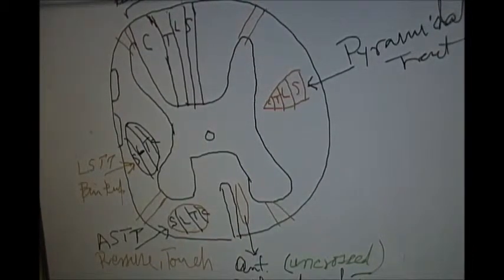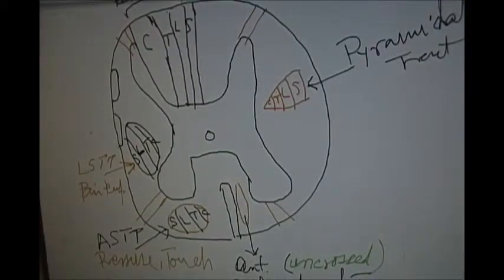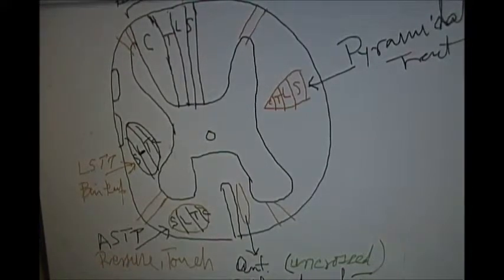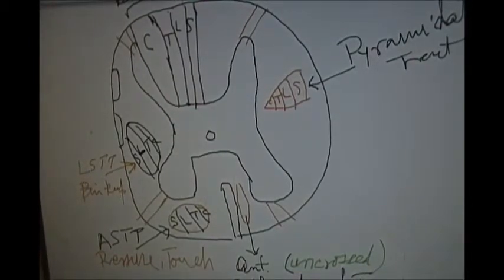So a tumor outside will affect the sacral fibers first and produce anesthetic patches in the sacral region first. But if the tumor arises inside, where you see the cervical fibers medially, it will affect the cervical fibers, causing anesthesia in the higher segments.